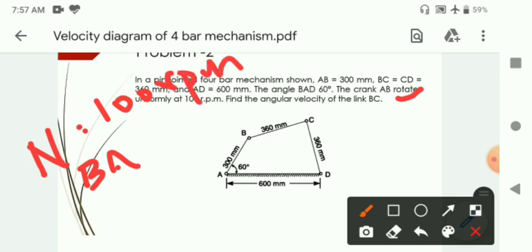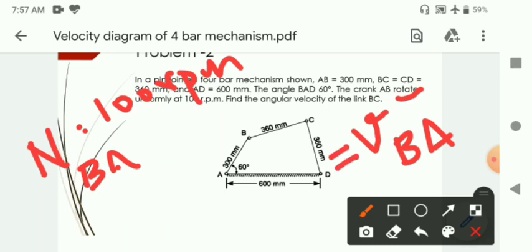As you know, to draw the relative velocity diagram, we need to find the linear velocity of B relative to A. And we know that linear velocity of B relative to A is given by r into omega. Here r is nothing but AB, and omega is omega_AB or omega_BA.